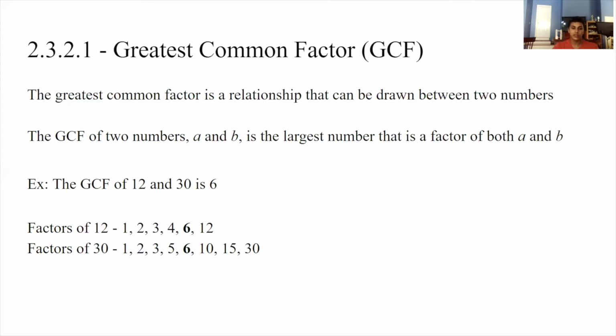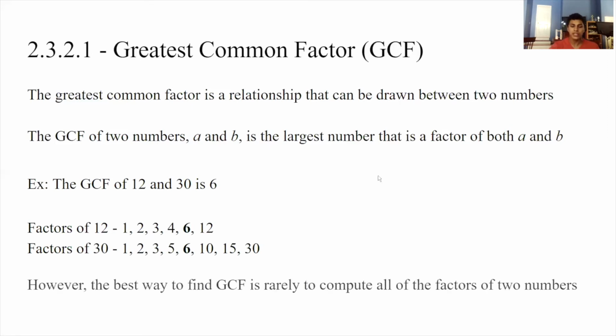And then the factors of 30 are 1, 2, 3, 5, 6, 10, 15, and 30. Then the largest factor that they both have, which is why it's the common factor, is 6. Now they both share other factors like 1, 2, and 3, but we're not interested in those numbers. We just want to find the largest one that they both have.